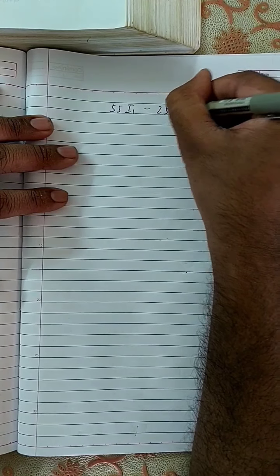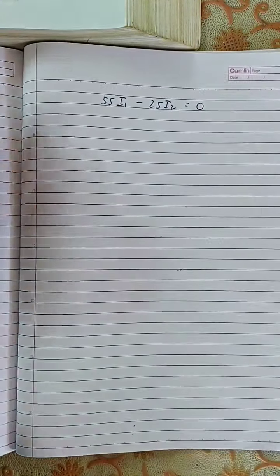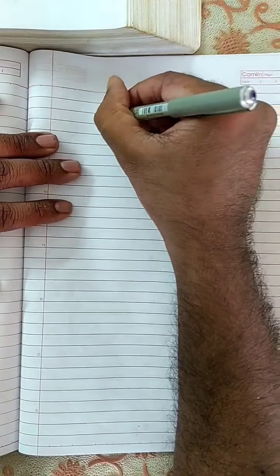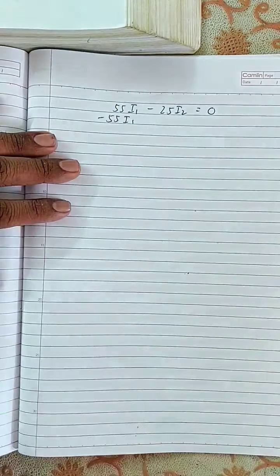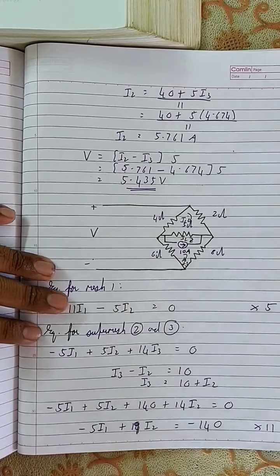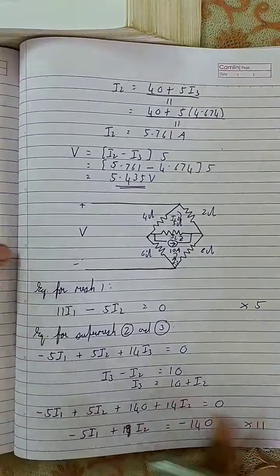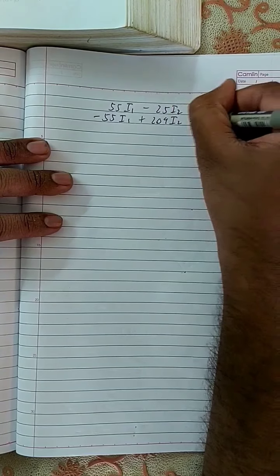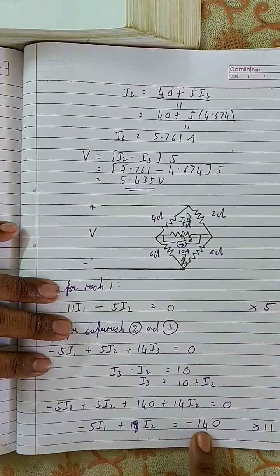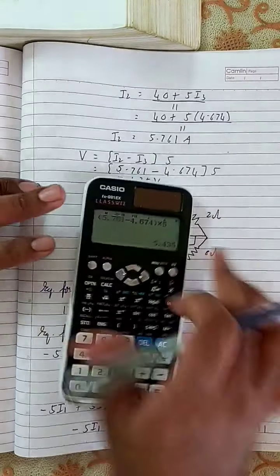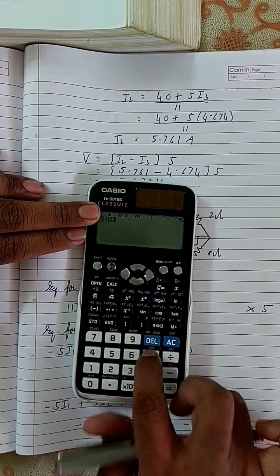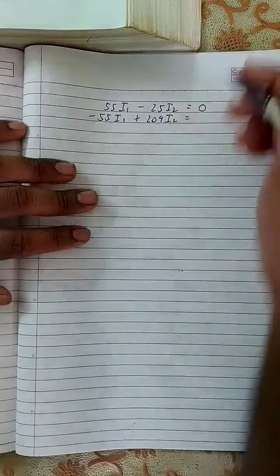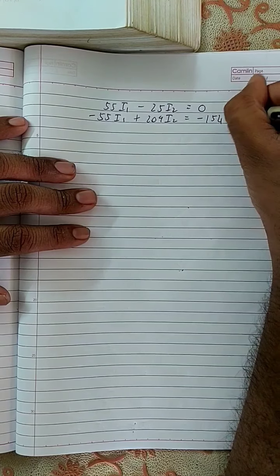Multiplying the other with 11, it becomes minus 55I1 plus 209I2, since 19 into 11 is 209, is equal to 140 into 11, which is minus 1540.